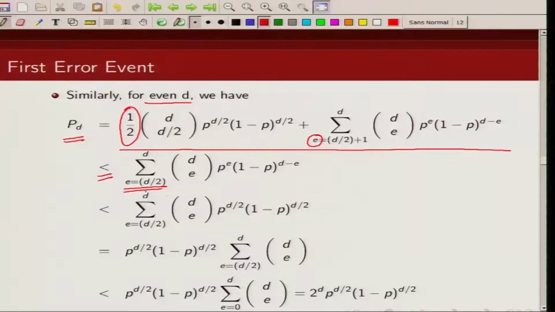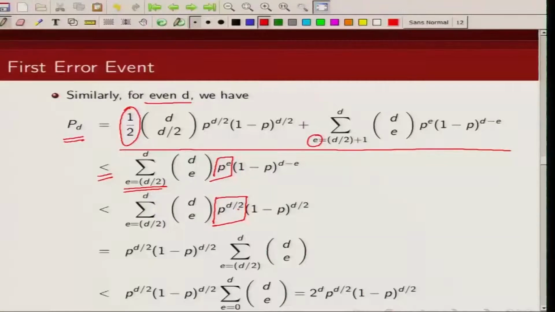Now, I just removed that 50% factor, so that is why I am getting an upper bound here. Next, as in the previous expression, I replace p raised to the power e by p raised to the power d by 2. Again, because p is a number between 0 and 1, if you raise it to a higher number, it decreases. So, I just kept it at d by 2, which is the smallest value of e.